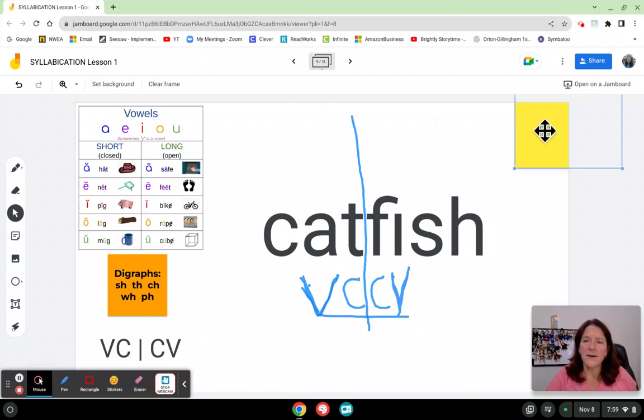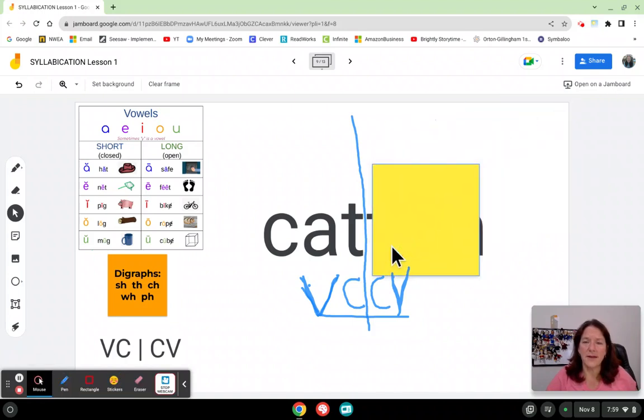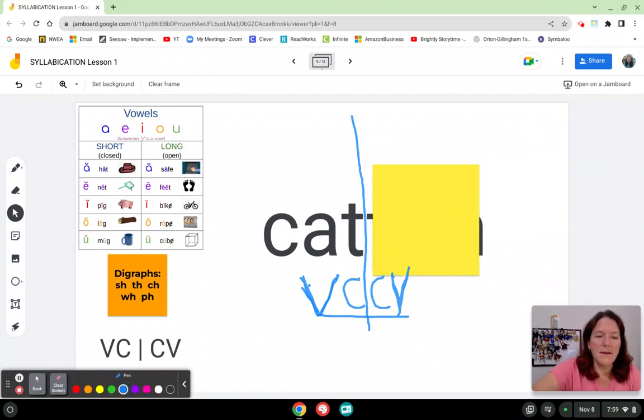So I'm going to cover up, again, just to help everybody understand what's going on. We're working on the first syllable. So I know after the vowel is a consonant.